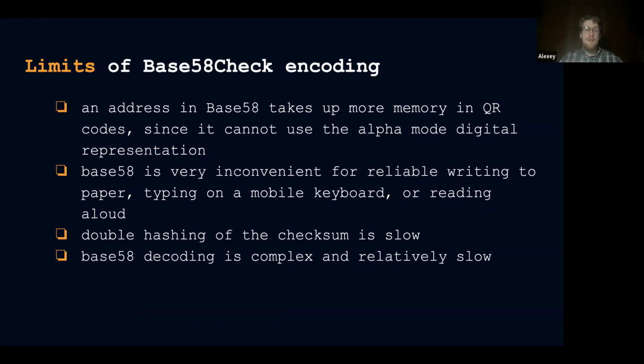Because it includes numbers, small and capital letters, this is really inconvenient because you have to say every time A capital, B small, D capital, and so on. And this is very inconvenient.